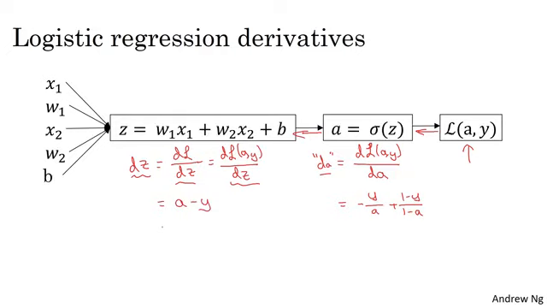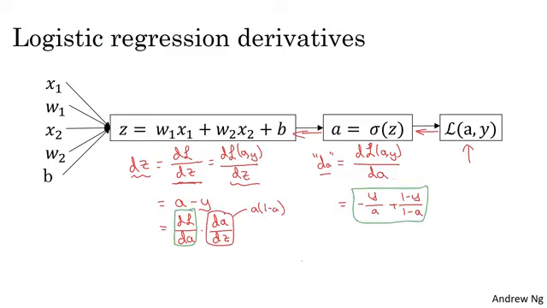Just a couple comments only for those of you that are expert in calculus. If you're not expert in calculus, don't worry about it. But it turns out that dL/dz can be expressed as dL/da times da/dz, and it turns out that da/dz is a times 1 minus a, and dL/da we have previously worked out over here.